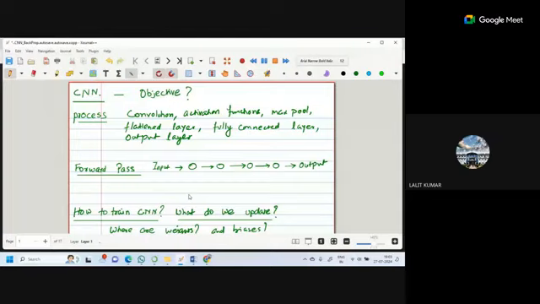Now, what is the process in a convolution layer? Generally in CNN we have a convolution layer where we apply some filters, and on that output we might apply some activation function, for example ReLU.